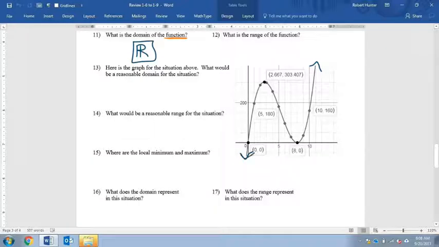It's going down forever, and it's going up forever. If it's going down forever and up forever, that again is everything. So you have to find the boundaries. In this case, it's also all real numbers. So that's the function.